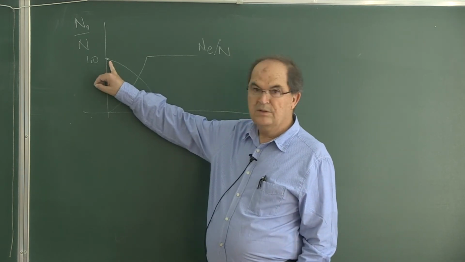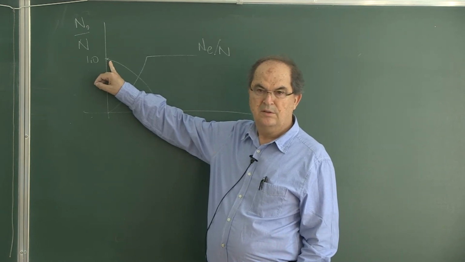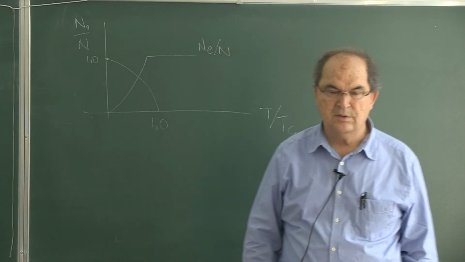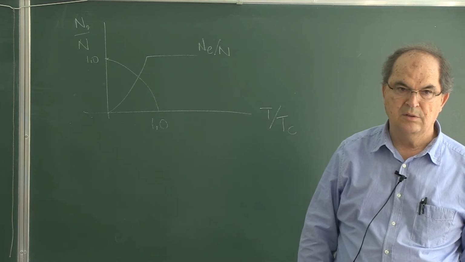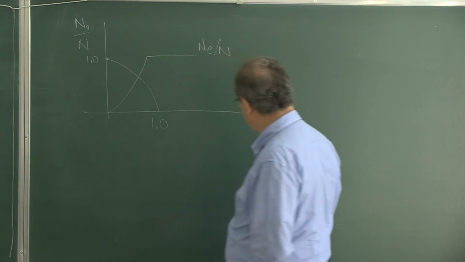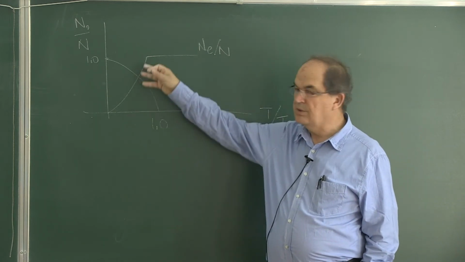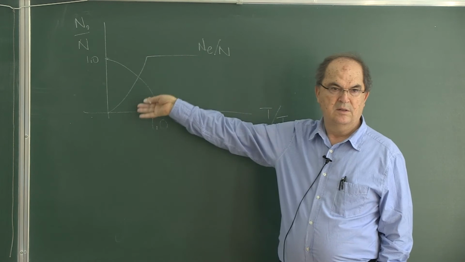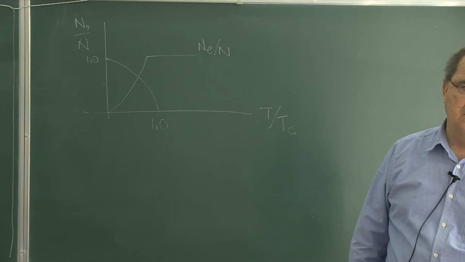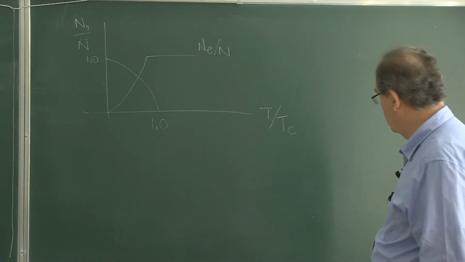When are all the particles in the ground state? When N0 is equal to capital N, isn't it? That is when N0 over N is 1 at that point. In between, you have a two-state, two-phase system, isn't it? There are some in the excited state, there are some in the ground state. Mixed state, in other words.